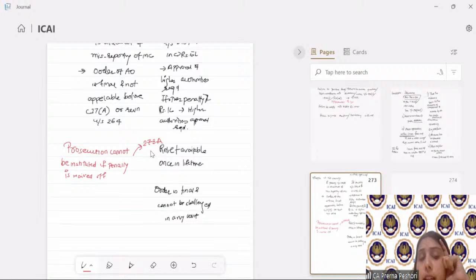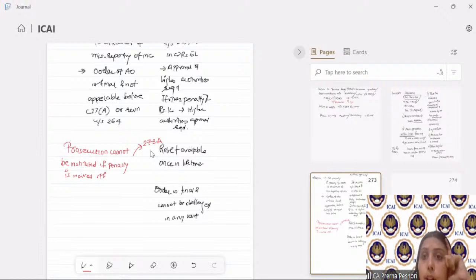Also, understand one thing very clearly. For all these prosecution cases, a special court can be constituted, so prosecutions are not tried before the general courts. They are tried before the court of magistrate. So a special court can be constituted for trying an offence punishable under the Act.